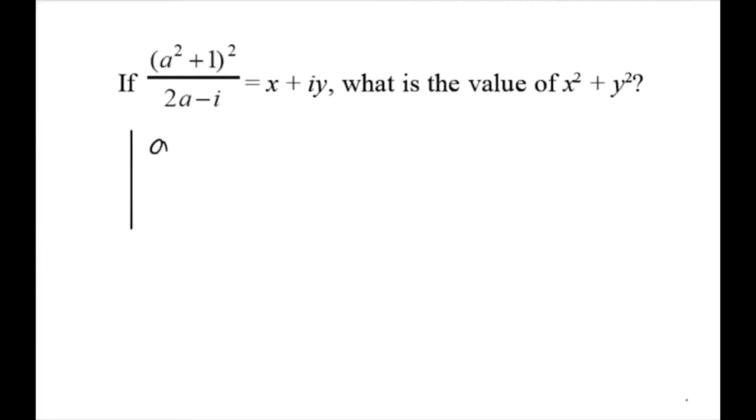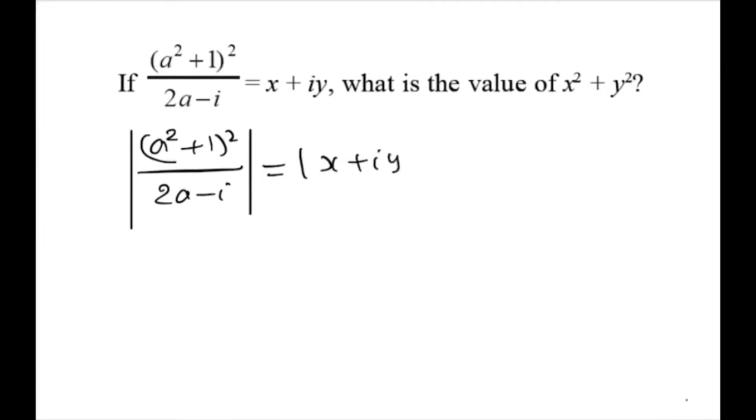Modulus of (a square plus 1) whole square upon 2a minus i equal to modulus of x plus iy. As I mentioned, numerator is a positive number.